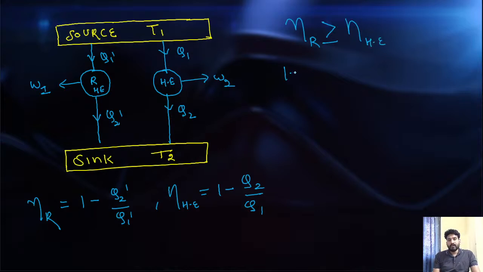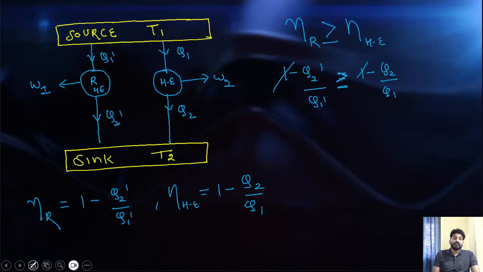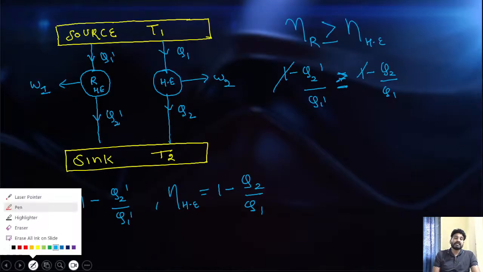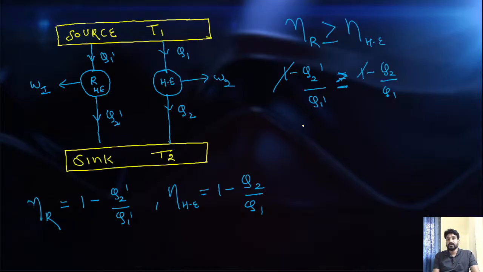What is the value? 1 minus Q2 dash divided by Q1 dash is equal to 1 minus Q2 divided by Q1. The 1 gets cancelled. This is minus minus. So if you multiply with the minus, then the inequality sign will change. It is Q2 dash divided by Q1 dash is less than or equal to Q2 divided by Q1.